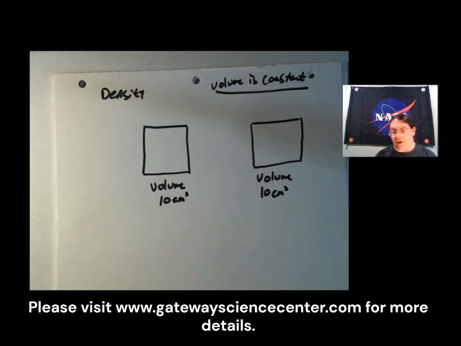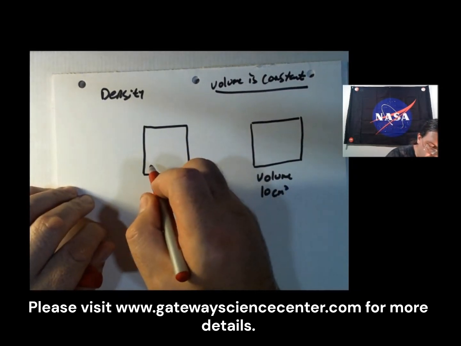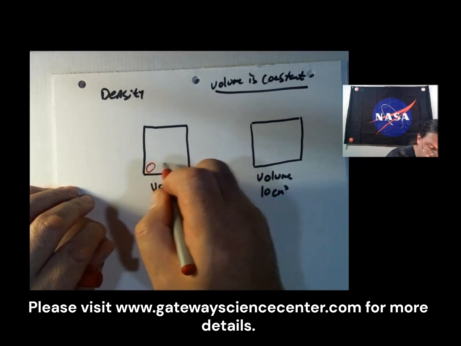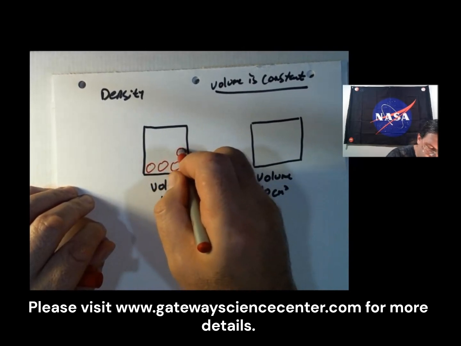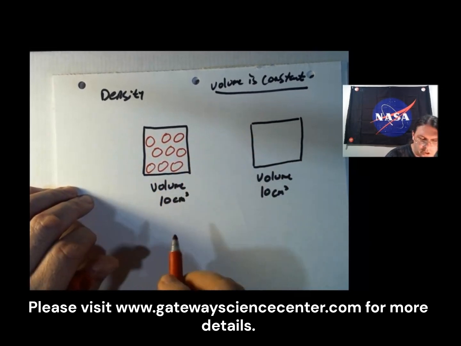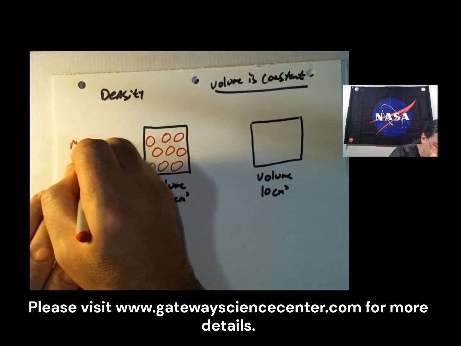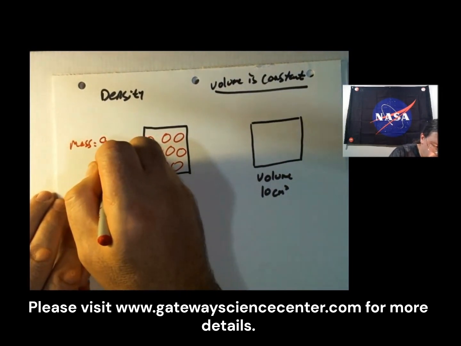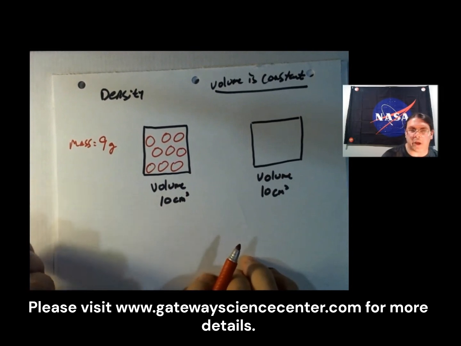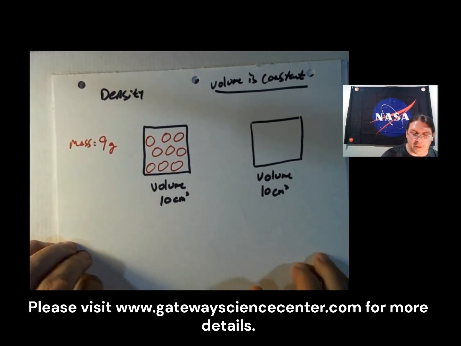So I'm going to put in my starting mass. We're going to use the circles again. So here's my starting mass. I'm just going to put in 1, 2, 3, 4, 5, 6, 7, 8, 9 circles. And I'm just going to say that my starting mass is 9 grams. This is completely made up, but I want 9 grams there.